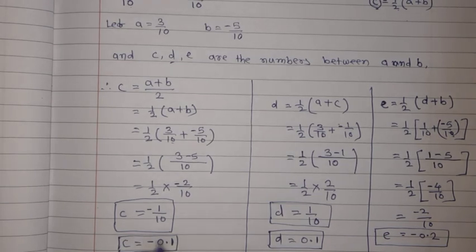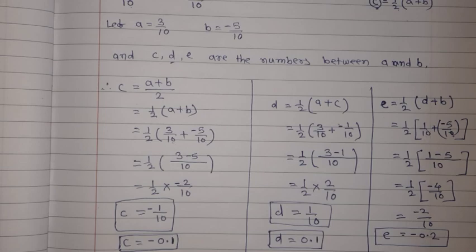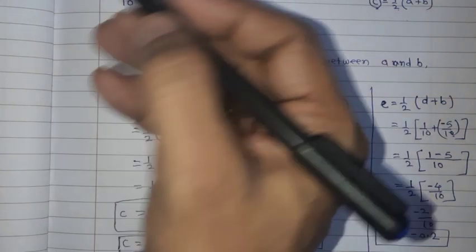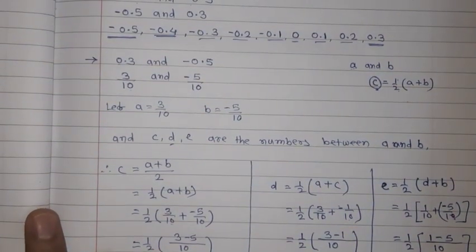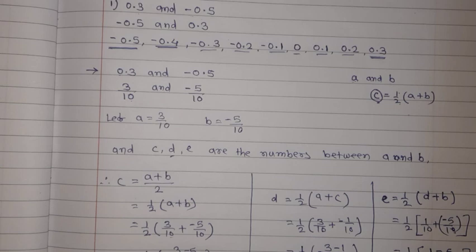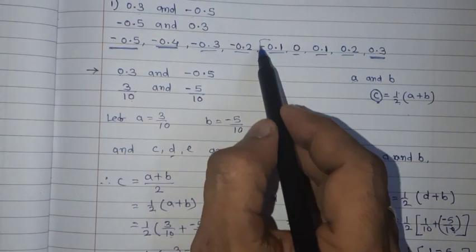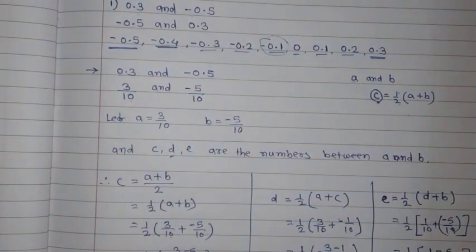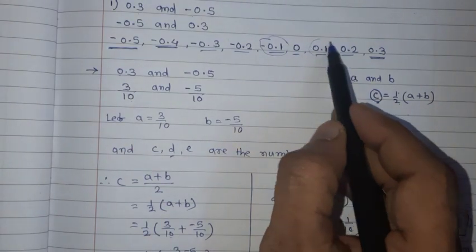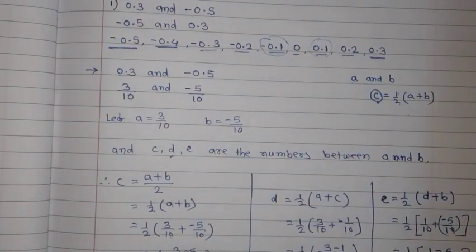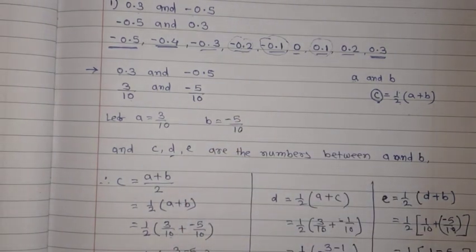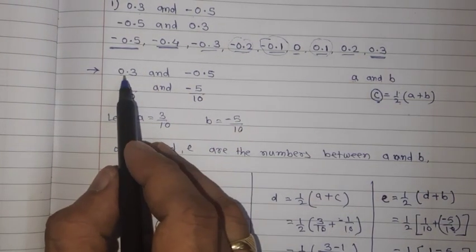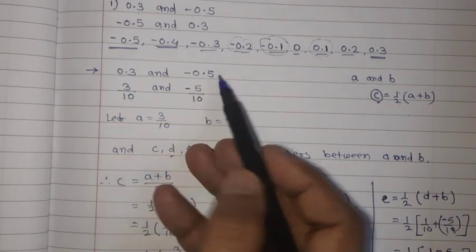Now dear student, all of you got this. The first point C is minus 0.1. If you see in the first method, here is C, minus 0.1. Then here it is 0.1, 0.1, and here it is minus 0.2. These 3 points lie between 0.3 and minus 0.5.